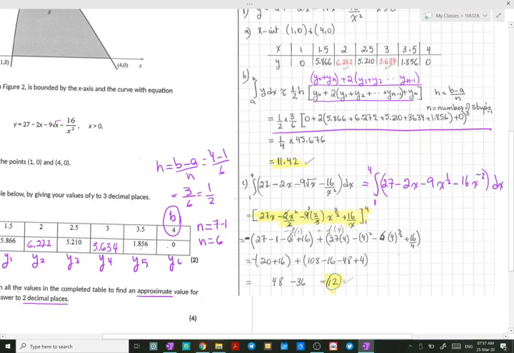And now you start integrating. 27 becomes 27x, and for minus 2x to the 1, you add 1 to the exponent and divide by the new exponent, so it's minus 2x squared over 2.